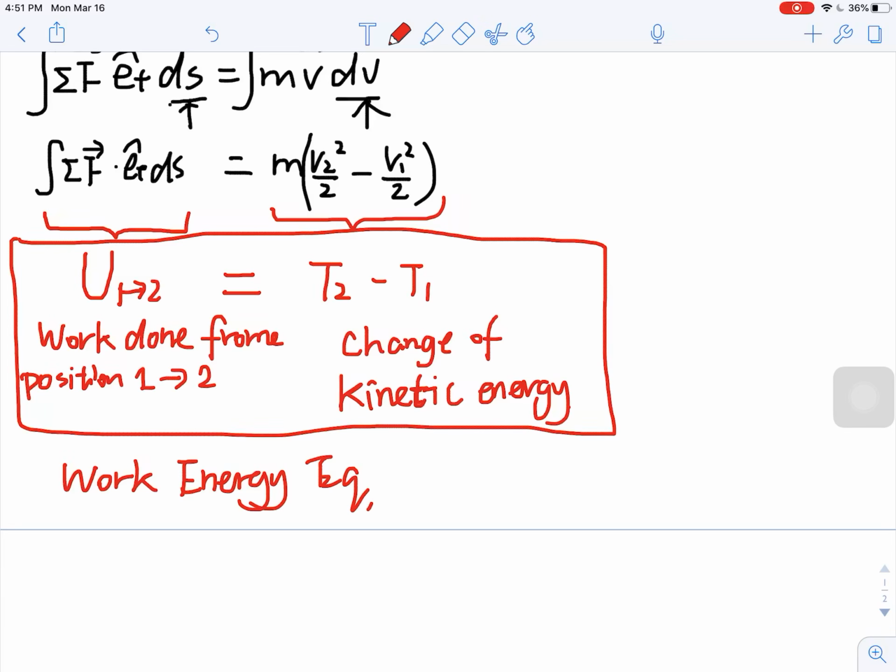And something to be noted is this work energy equation is a scalar equation that looks at how forces relate to speed over a given position change. So once again, this is a scalar equation. Let's write it down.